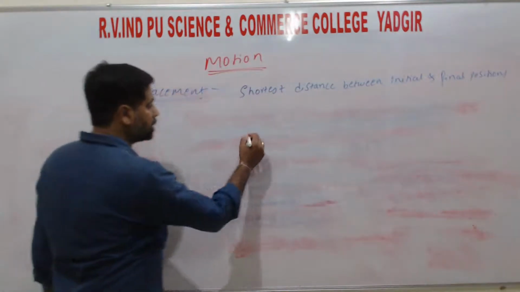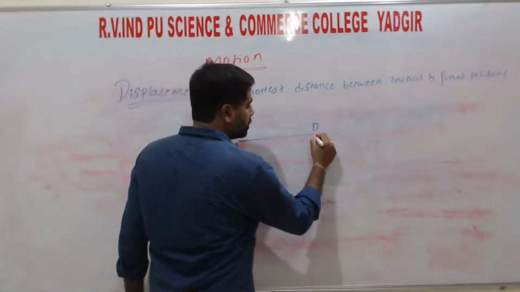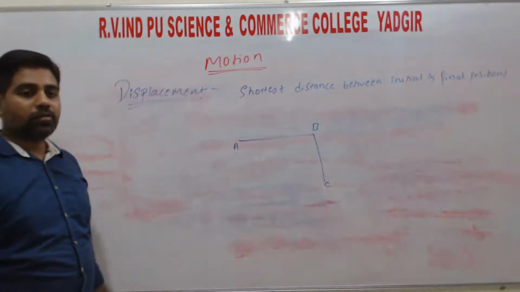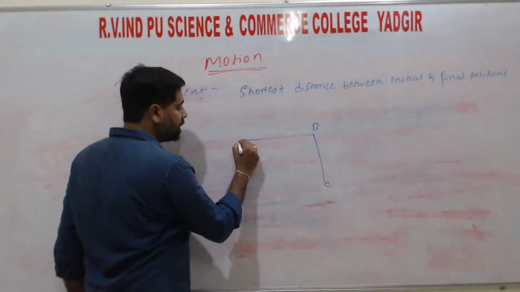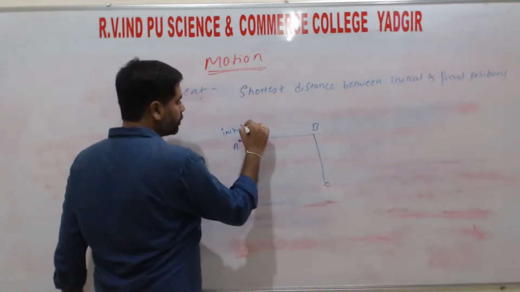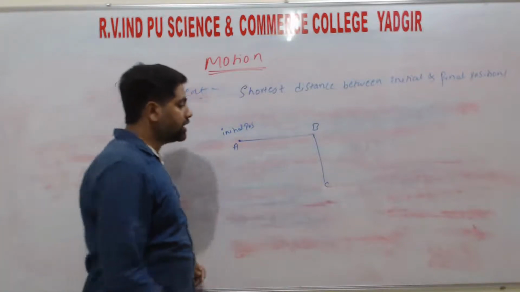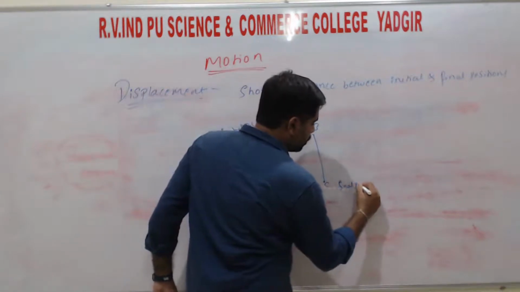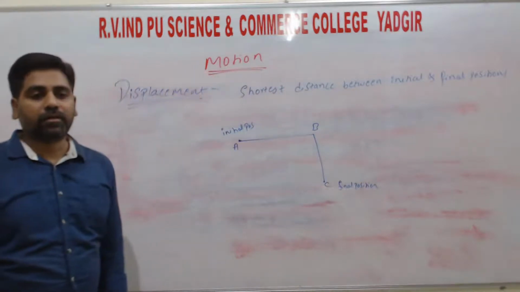So in the previous we considered one example, that is an object which is traveling from A to B, then from B to C, right? So here we need to find the displacement. So A is the initial position of the object and C is the final position of the object, right?